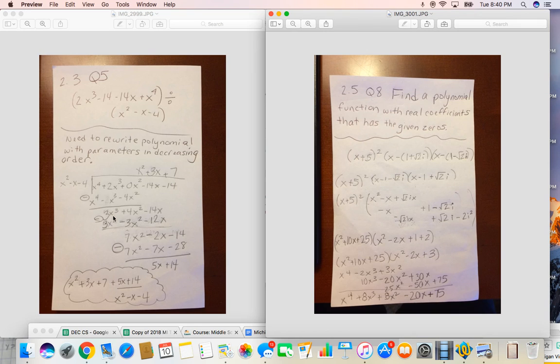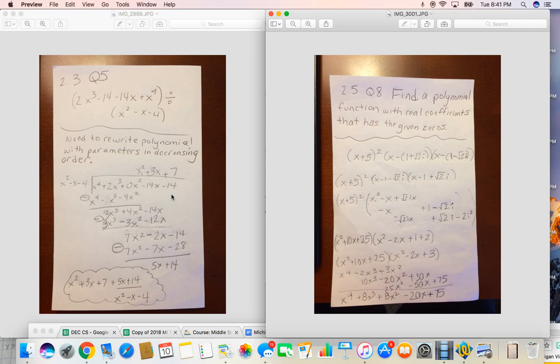This will not divide into this polynomial because the power is lower. There are no other terms to bring down. So my final answer would be this, the quotient, plus the remainder divided by the divisor.